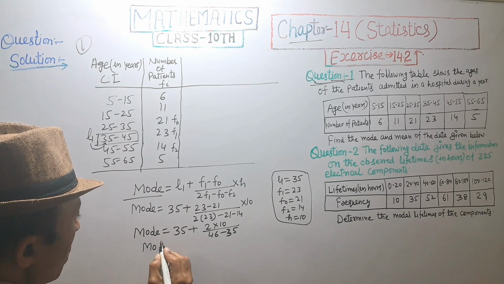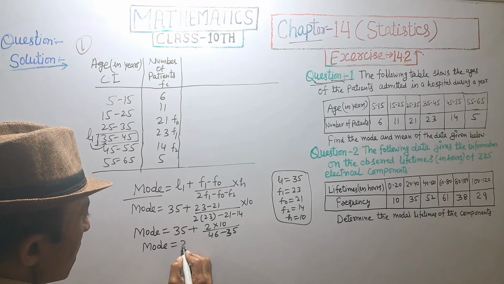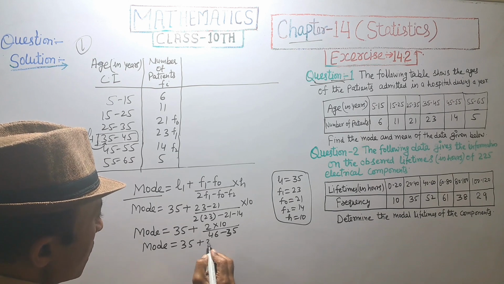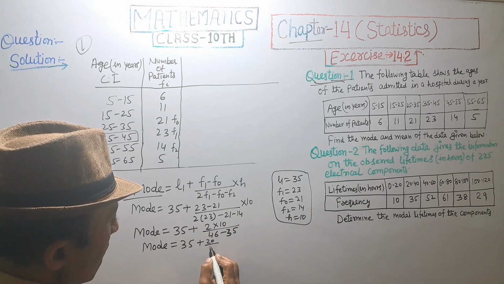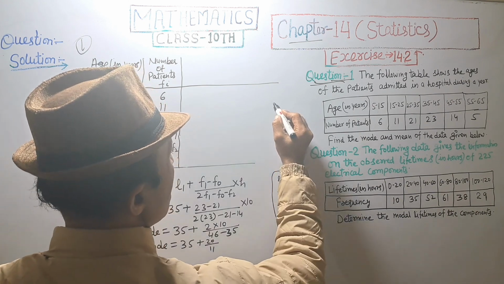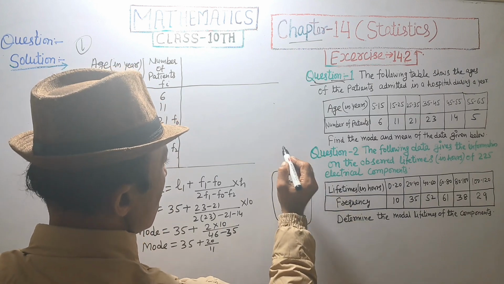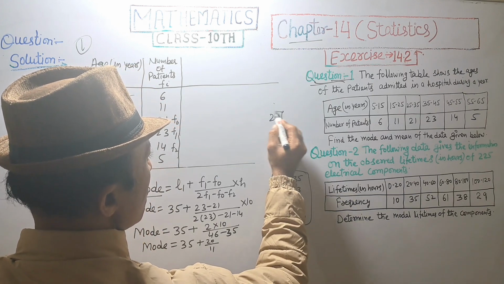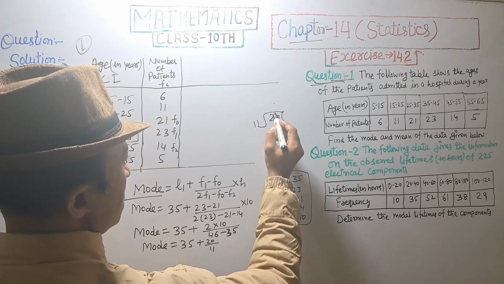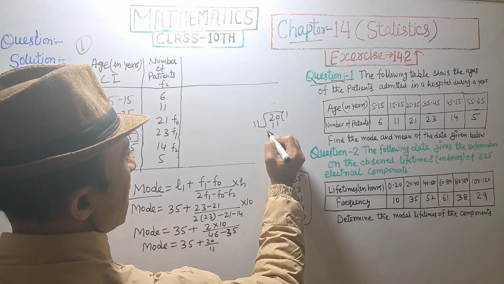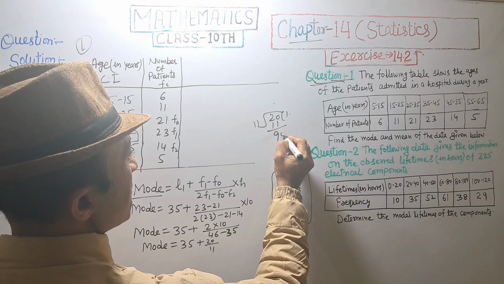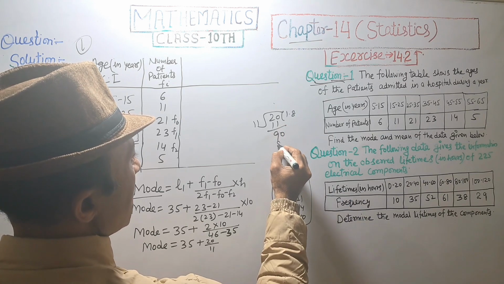Mode is equal to 35 plus 20 upon 11. 20 divided by 11: 11 ones are 11, 9 eights are 88.